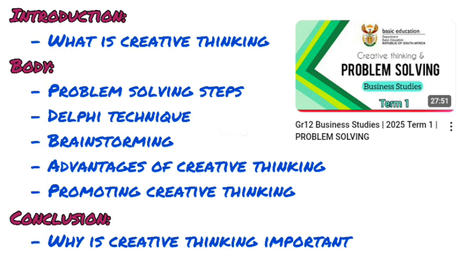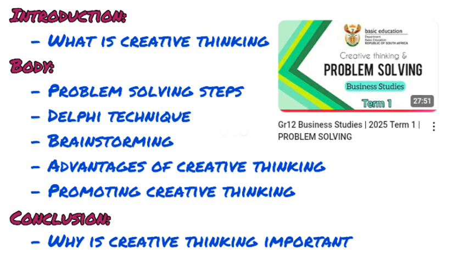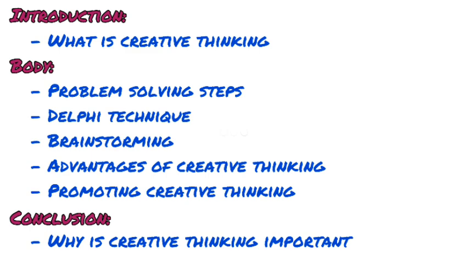So if I had discussed 3 points under problem solving steps, this one you cannot cheat. You should at least have as many of those steps as possible, even if they are not in their correct order. But for the rest of the things, the Delphi technique, the brainstorming, the advantages, and the promoting, you can limit it to 3 points underneath.